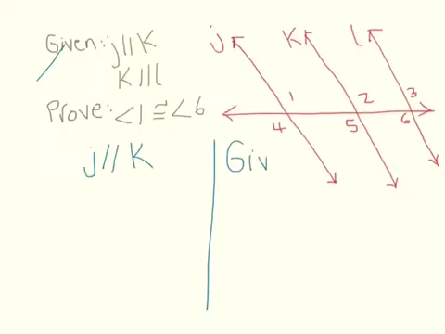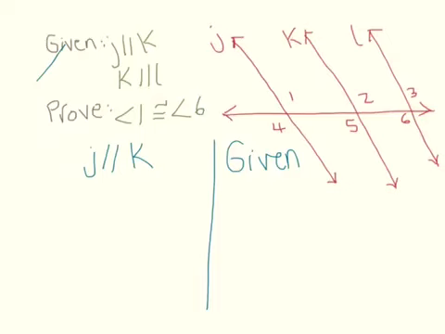And the first part of the given is talking about line J and line K, and those are parallel. And in the steps on the attached paper, I started with angle 1 and 5, saying those are alternate interior. Well, we don't have to go that route. We can conclude 1 and 2 are corresponding again, like the first time we did the proof for question 3.